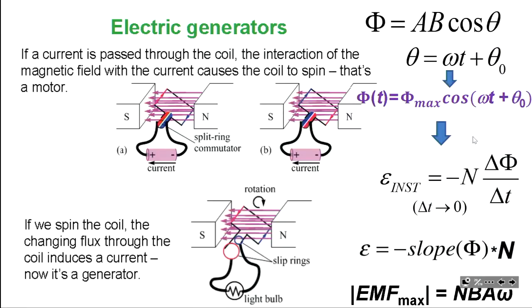Because this is a true analogy of simple harmonic motion, we know everything about this type of motion by analogy. For example, the amplitude, the maximum value of EMF, will be related to the maximum value of EMF induced in one loop, which is, we can say, the speed of the flux.